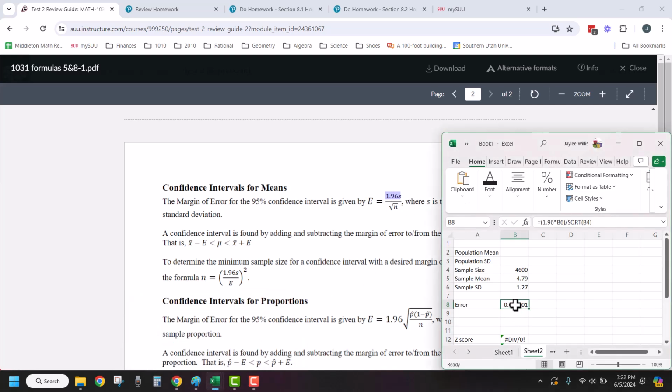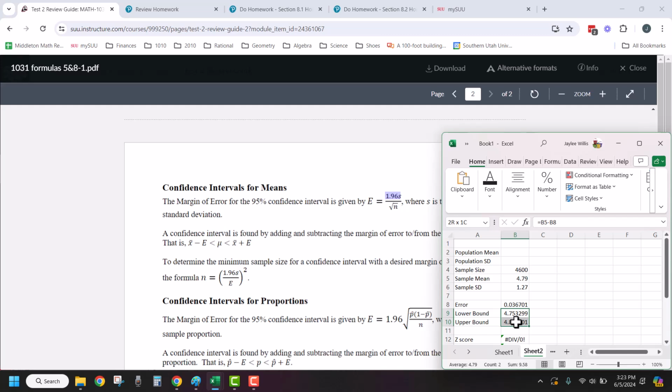So this is the error, and anyway, what we do with this error is we're going to find the lower bound of our confidence interval by taking our sample mean and subtracting the error. And then we can find the upper bound by taking our sample mean and adding the error.